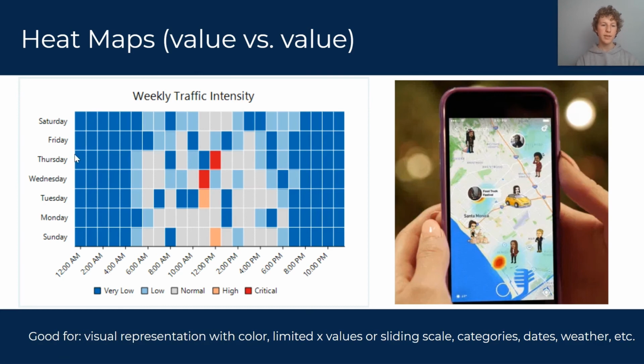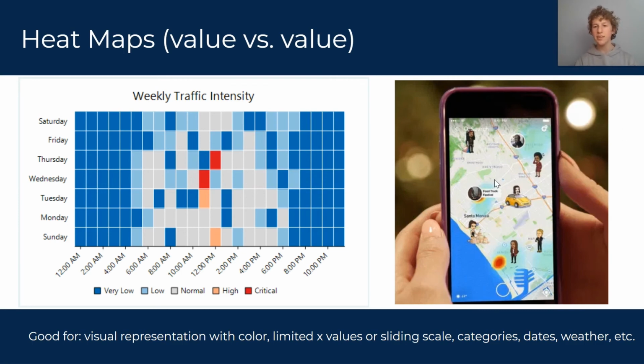So low traffic here in the early morning and the late night, and then heavy traffic midday. And that's represented easily by colors. There's no numbers involved. You don't have to determine how many cars per minute pass through this one intersection and track that over 7 days, 24 hours a day. These can be used for more like estimates.